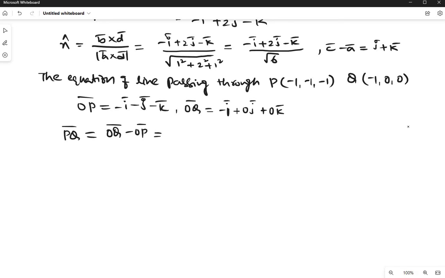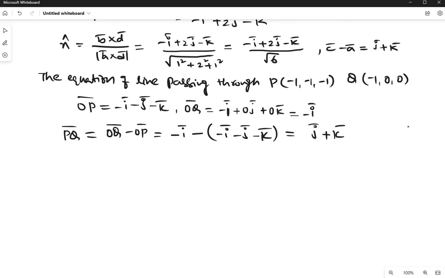OQ is minus i bar, and minus of OP bar is plus i bar plus j bar plus k bar. So minus i plus i gets cancelled, and we get j bar plus k bar.